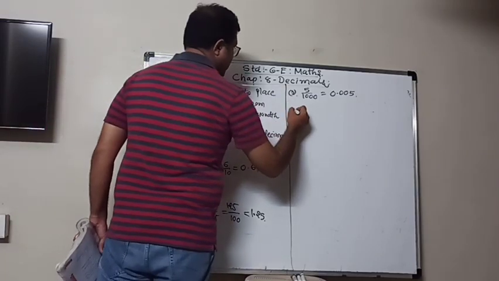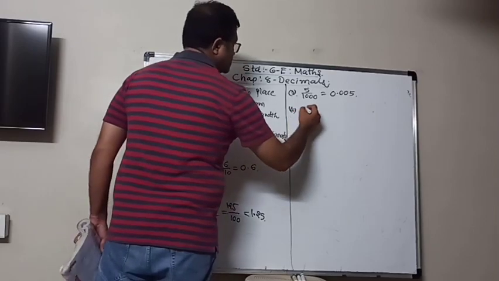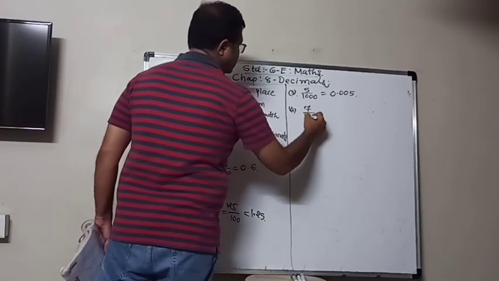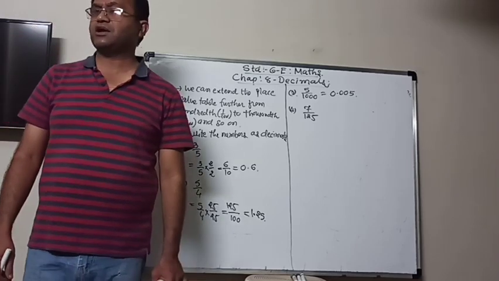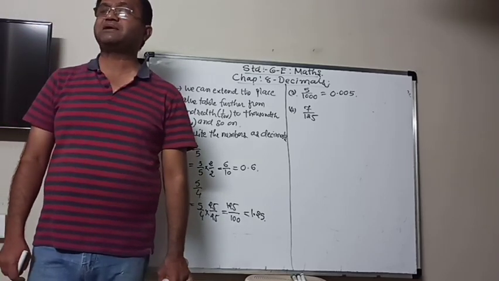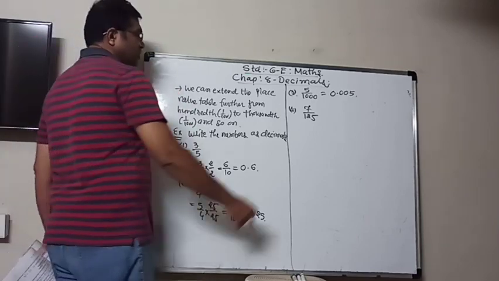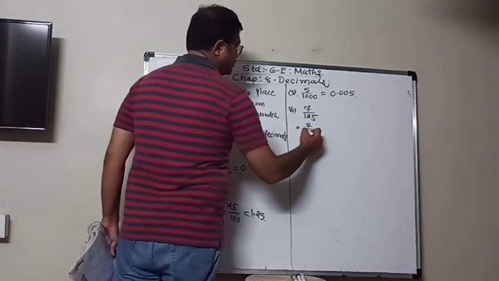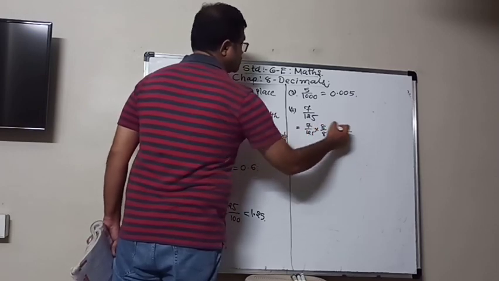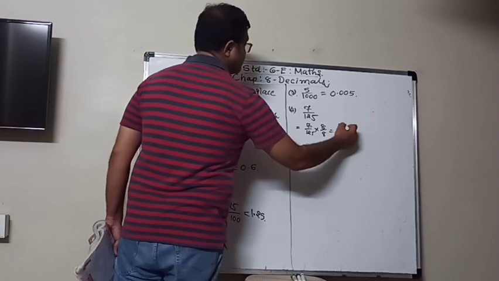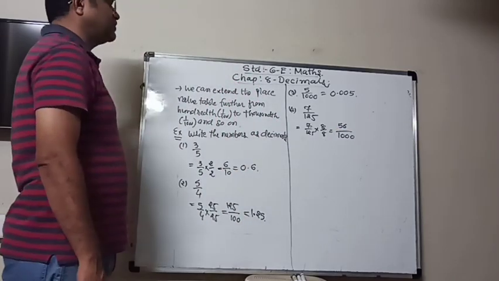Let's take another number, 7 upon 125. You should remember that when 125 is multiplied by 8, we get 1000. So 7 upon 125 must be multiplied by 8 upon 8, so that 8 sevens are 56, and in the denominator we get 1000.